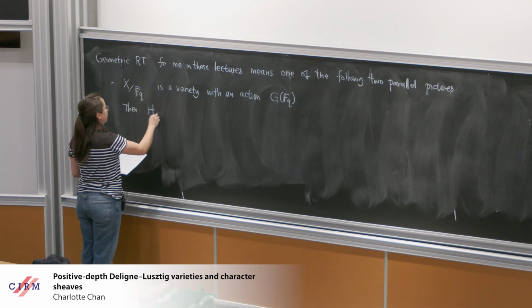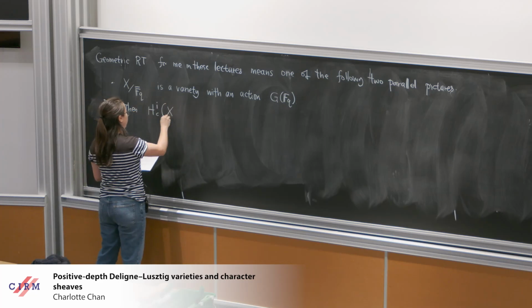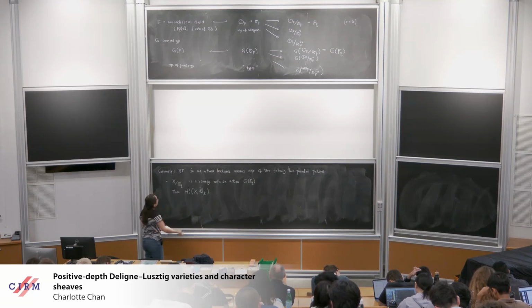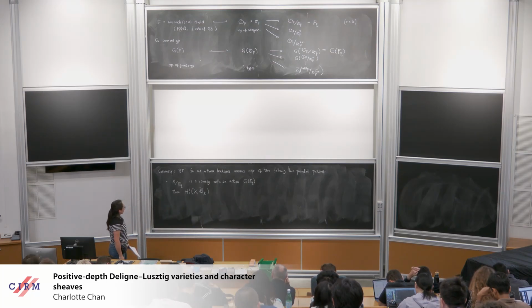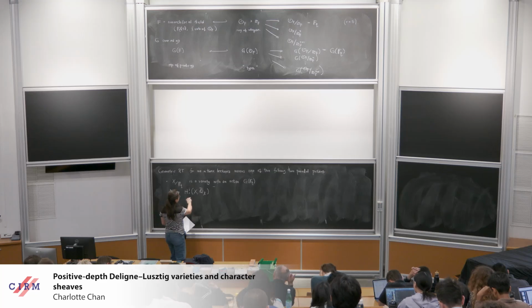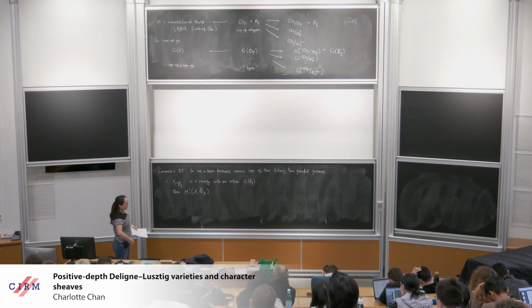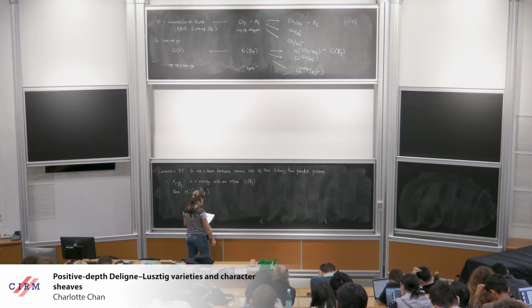Then from this variety, I can consider its étale cohomology. And this now gives me vector spaces over QL bar, which I will just identify with C in your favorite chosen way.